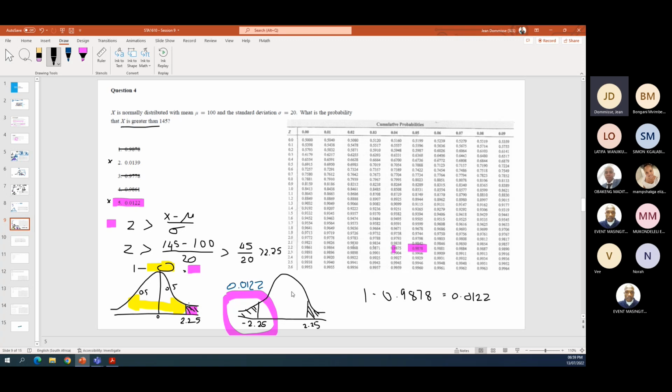I like this one where you swap it around, but you have access to both tables in the exam, so that's not going to stop you in any way from using either. It's about which one will be easiest for you to work with, but definitely you can use both methods.